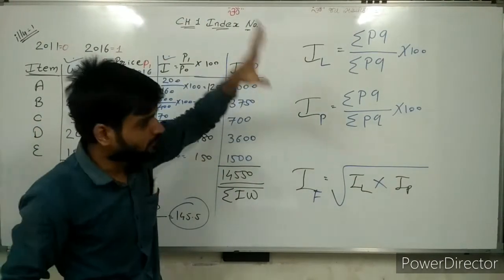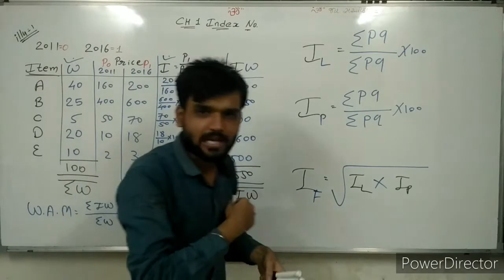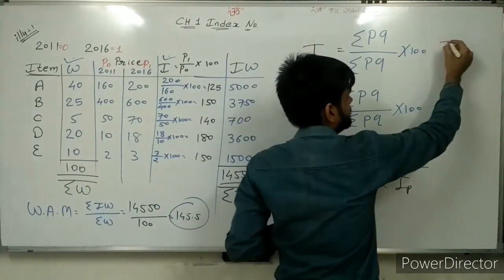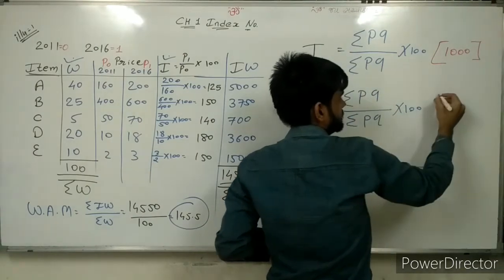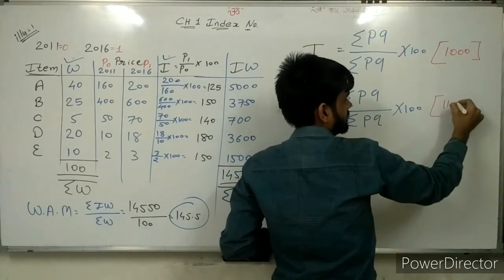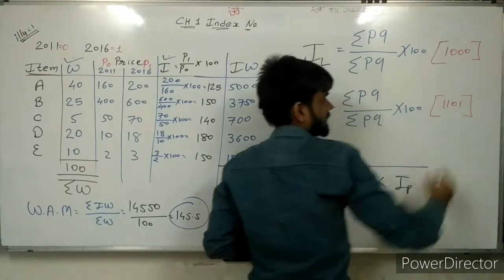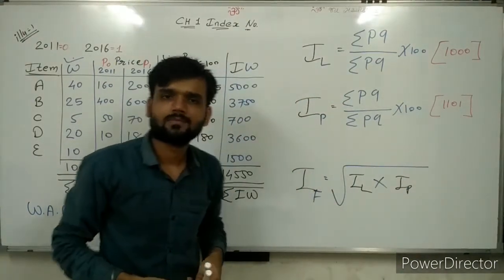Now, to remember the formula, I am writing here 1000 and 1101.